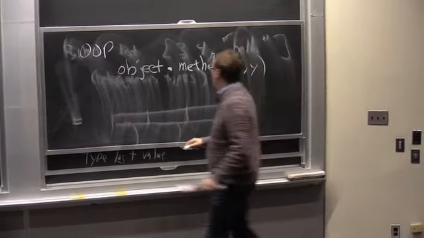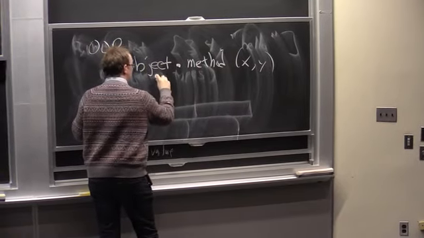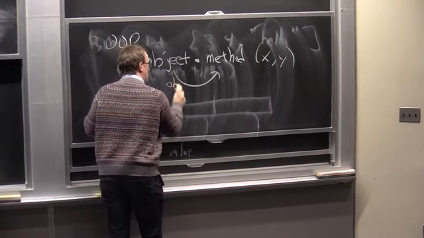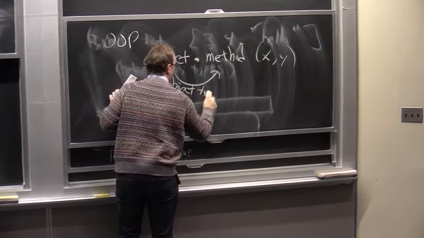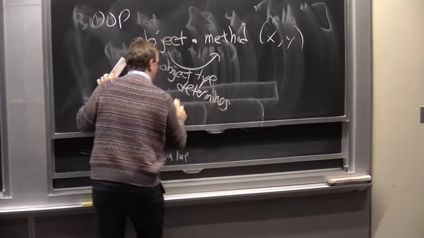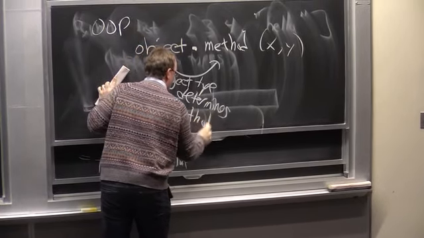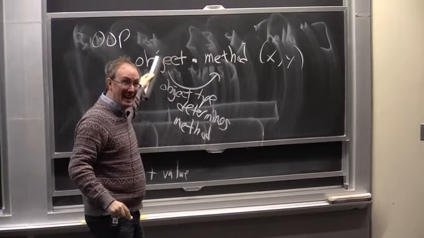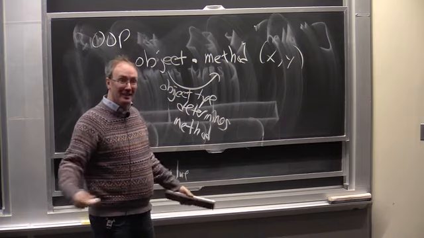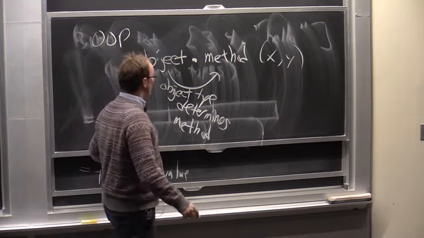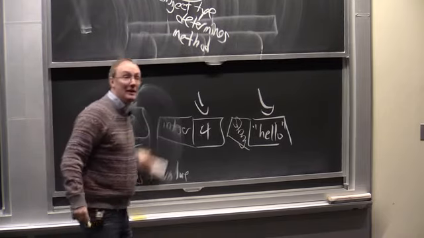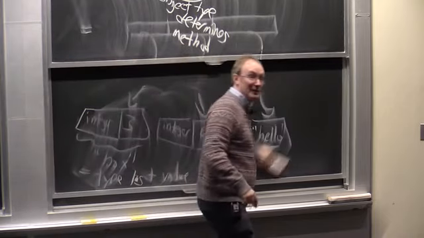And what it does is the type of the object determines the method. So you could have a method called plus, but it would actually call a different plus function for a complex number or a real number, or a method called length, which for a Python list would call a different function than for a NumPy array, right?